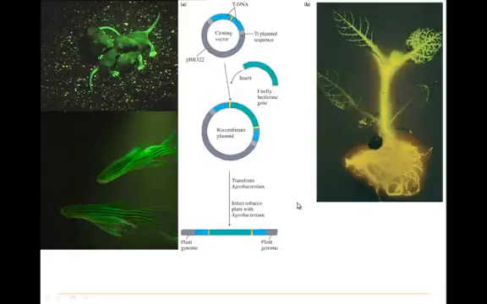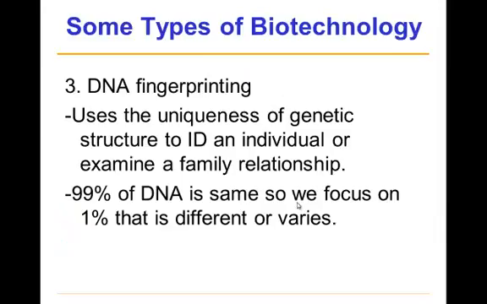Okay, let's look at a third example of techniques of biotechnology. This one is called DNA fingerprinting. When we were talking about human ABO blood types, I mentioned that they formerly used these blood types to try to determine paternity or to determine whether or not someone could be ruled out as a suspect in crimes where biological evidence, either blood or semen or saliva, was left.